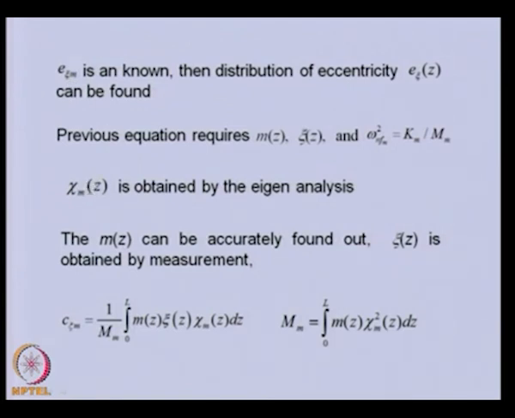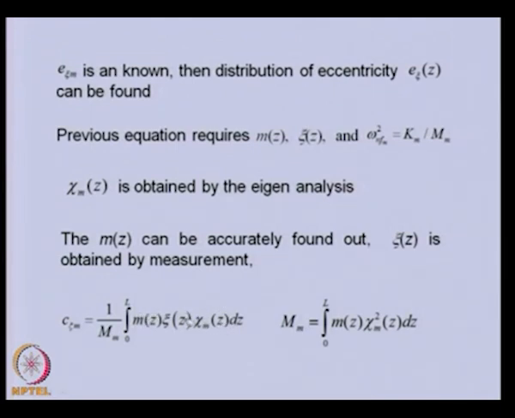For calculating the constant C, we require these terms. The distribution of the mass per unit length of the shaft we can measure, from the geometry and from the mass properties of the shaft.